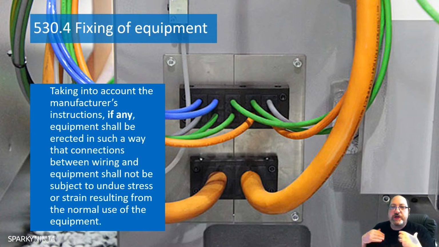We must make sure we are doing it for the normal use. Now, if the way that it's selected, erected and fixed is fine, but later on it being used in an ineffective or inappropriate fashion results in the creation of risk.